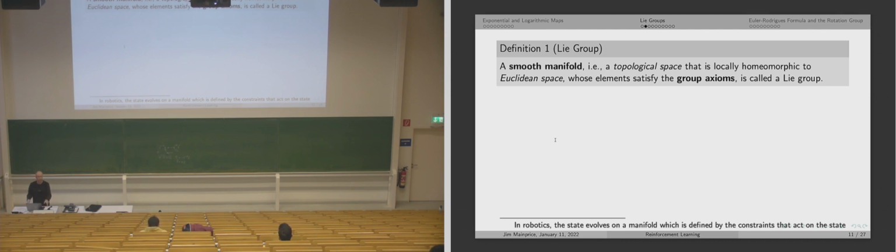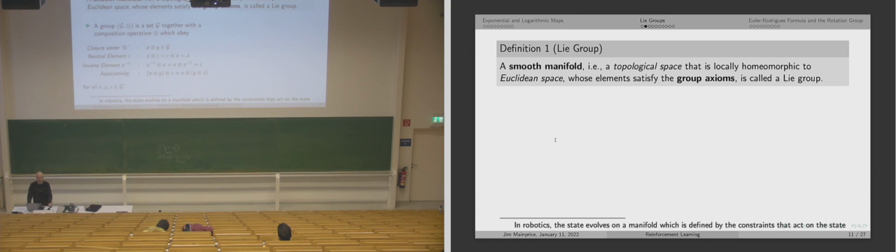Topological space means that it has a neighborhood structure, and locally homeomorphic means it kind of looks like Euclidean space. We saw what locally homeomorphic means last week. You can get to this notion using charts and so on. So basically you have some kind of continuous mapping between the surface of the manifold and Euclidean space. And the elements of this manifold satisfy the axioms of a group. And when that's the case, then you have a Lie group. So that's it for what a Lie group is, basically.